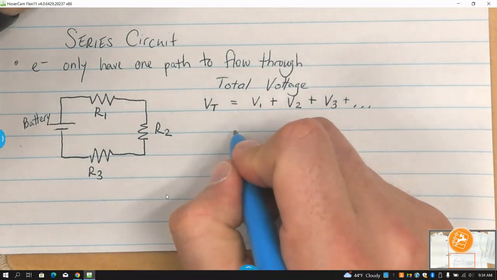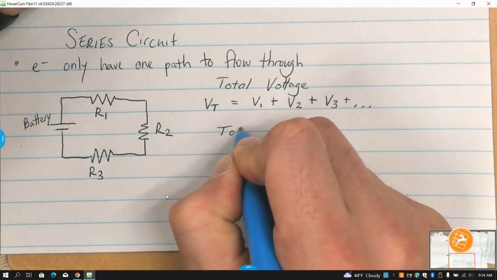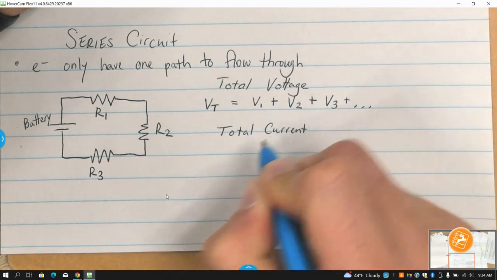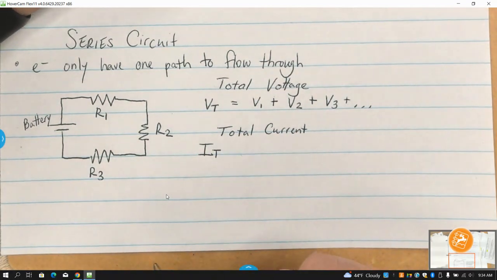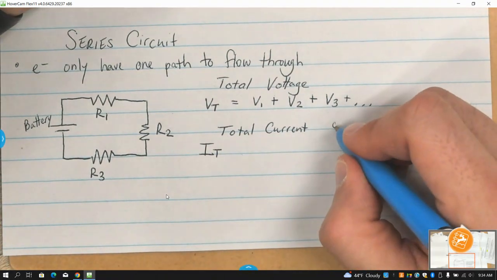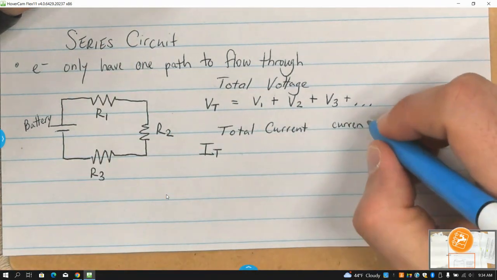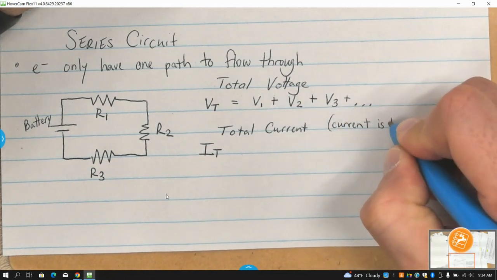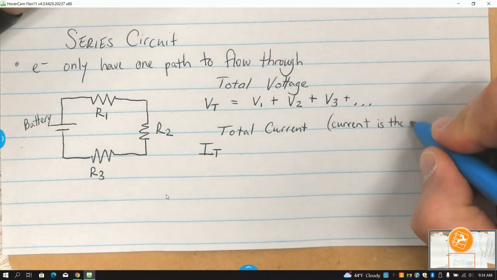Then we have total current, which is IT. Now this is only for a series circuit. Current is the same everywhere.